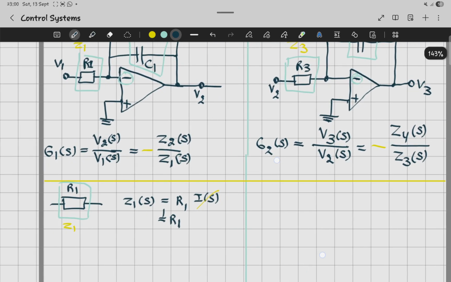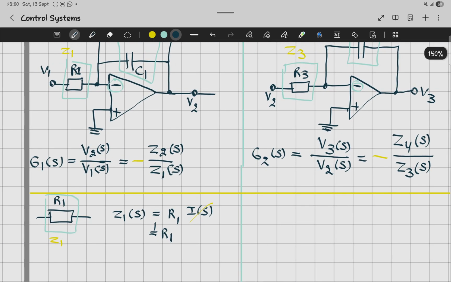The same goes for R3. We know all of this is Z3.